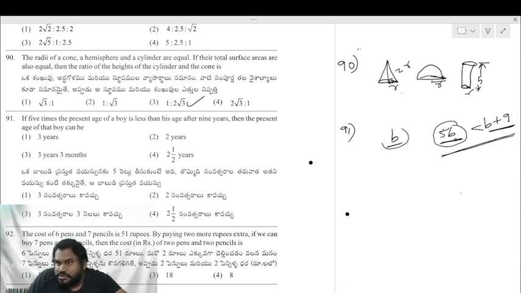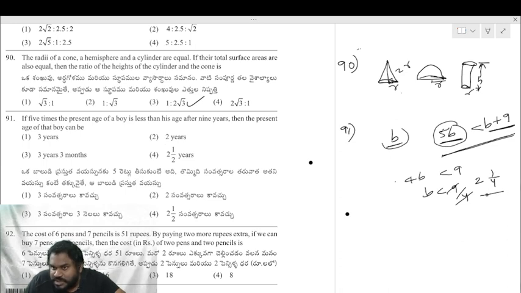Now just observe, 4B should be less than 9. So B should be less than 9 by 4. 9 by 4 means 4 twos are 8, remainder 1, so 2 1 by 4.